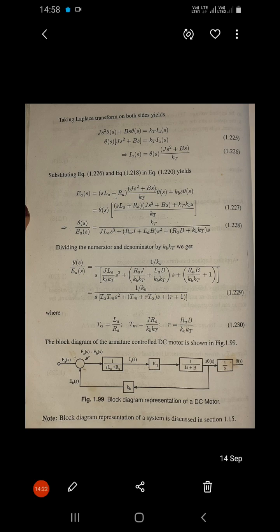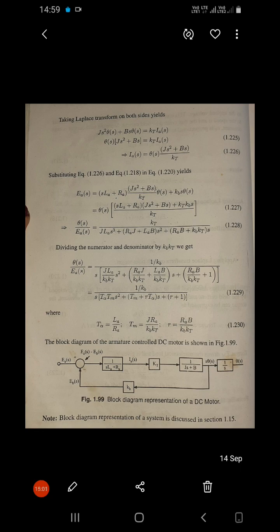In this equation, Tα is represented by La/Ra, Tm is represented by J Ra/(Kb Kt), and R equals Ra B/(Kb Kt). Using all these equations, we draw the block diagram of the armature control DC motor.